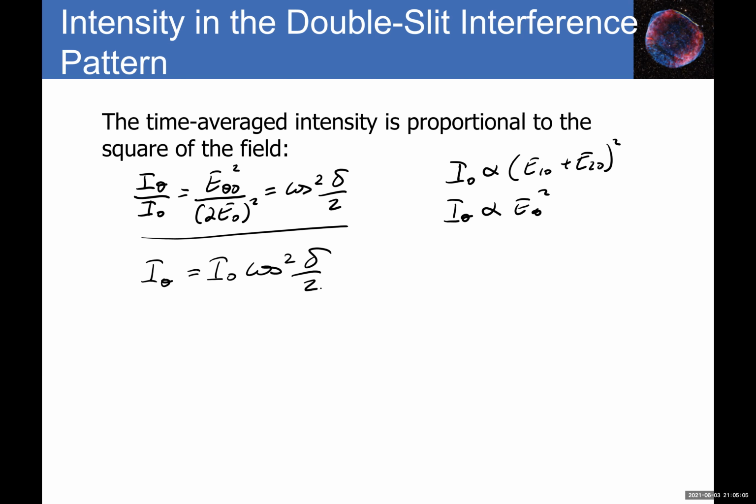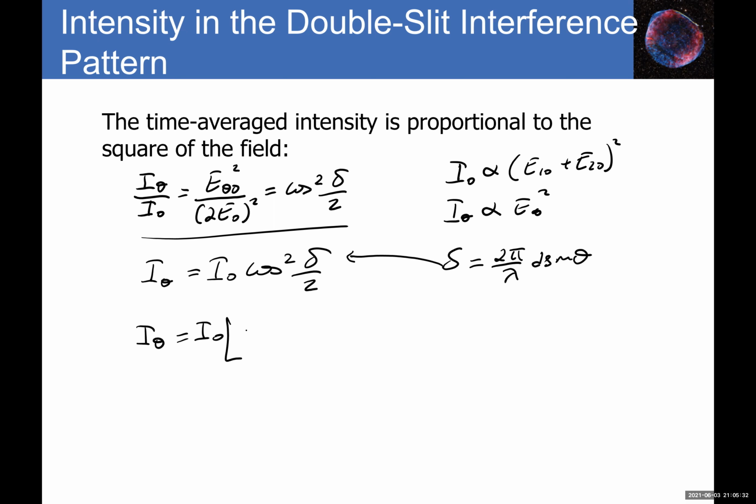Remembering that a few slides before this, I defined delta, the phase difference, to be 2 pi over the wavelength times d sine of theta. Then I can rewrite this as I theta equals I naught cosine squared, replacing delta with that.